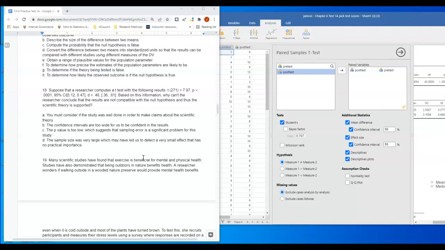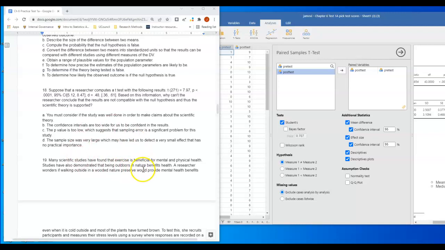But it's possible that there's just something else going on in the study, that there's something wrong with the study which is leading to these results. These aren't just statistical issues, there are also research design and methodological issues. So you have to consider how well the study was done before you can jump ahead and make claims about scientific theories.